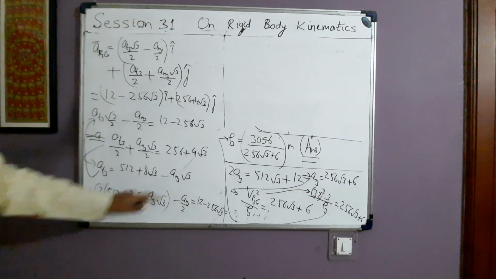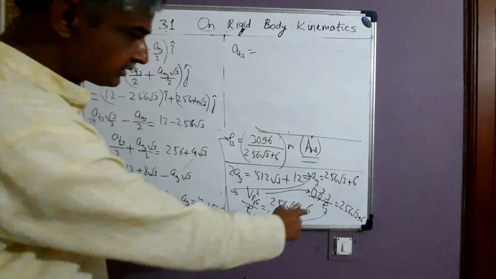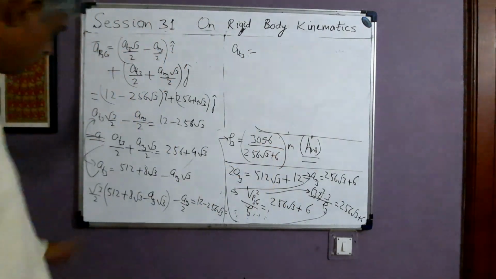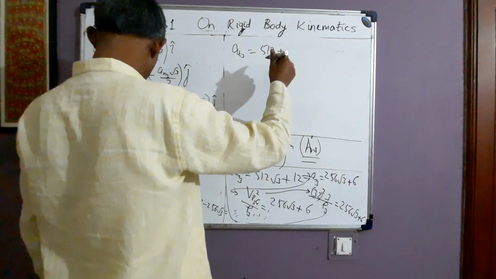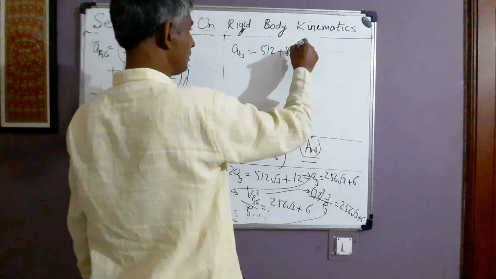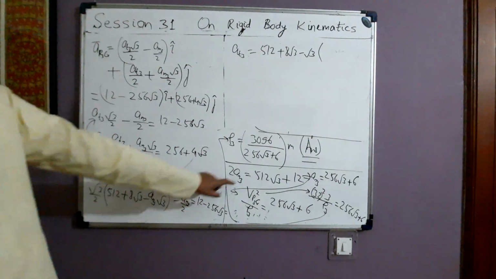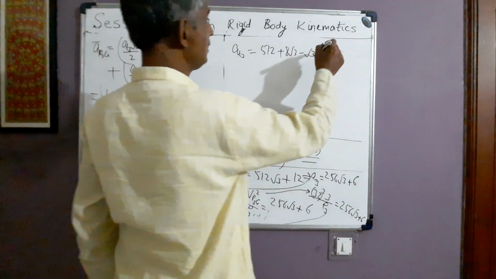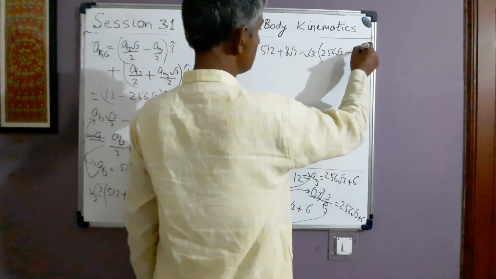Substitute a_N3 here. So how much is a_P3? a_P3 is 512 plus 8 root 3 minus root 3 into a_N3. And how much is a_N3? 256 root 3 plus 6.